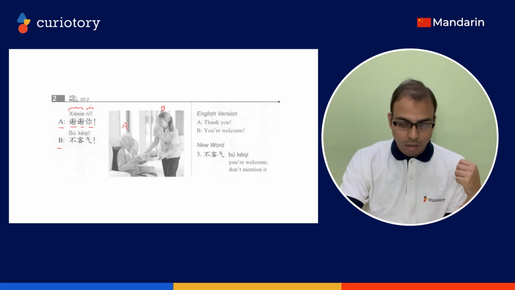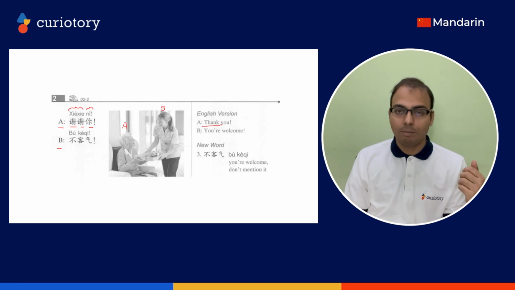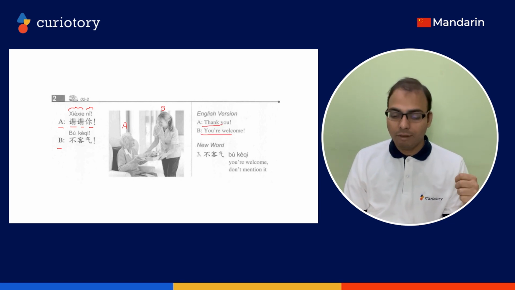Now what is the young woman saying? Bu ke qi. Okay. Bu ke qi. So now what does it mean? Bu ke qi. And by the way, I had told you that qi is not ki. It's chi. So bu ke qi.